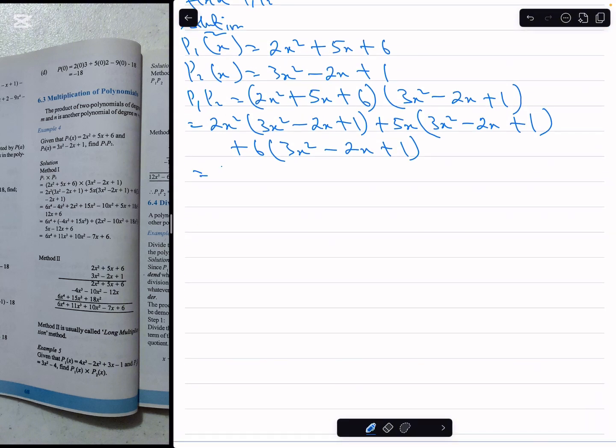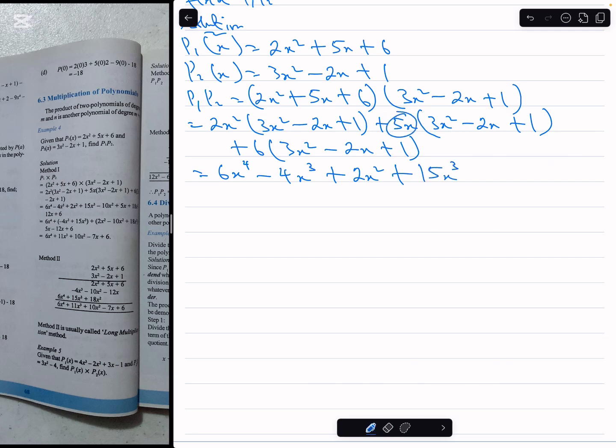2x squared times 3x squared will be 6x raised to the power 4. And now 2x squared times minus 2x will be minus 4x raised to the power 3. And now 2x squared times 1 is 2x squared. And we go to the next, which is 5x times 3x squared. That's plus 15x raised to the power 3.